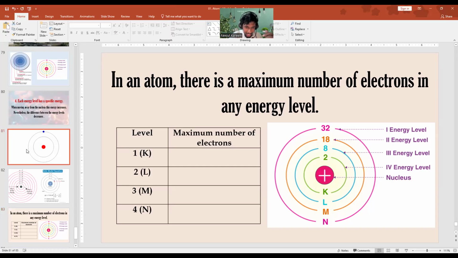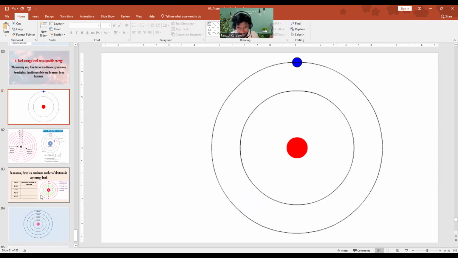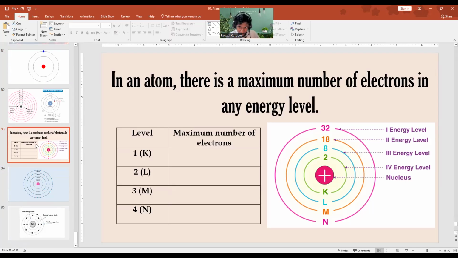That means in the fourth energy level, we have 32 rooms. According to the number of electrons, if there are 20 electrons, only the first, second and third floors will be used, because there is no need to use the fourth floor.